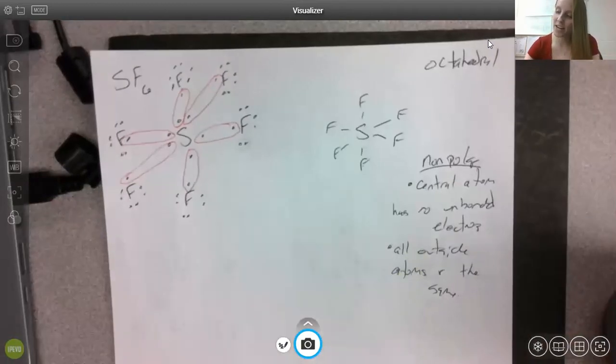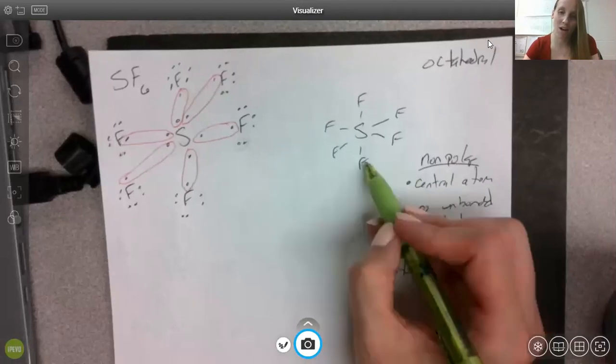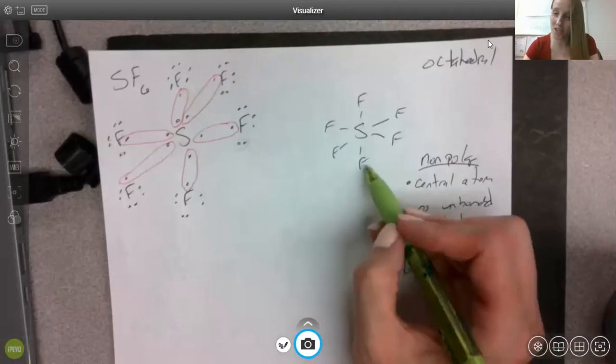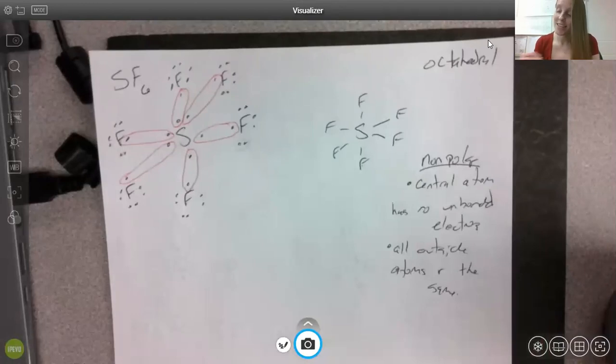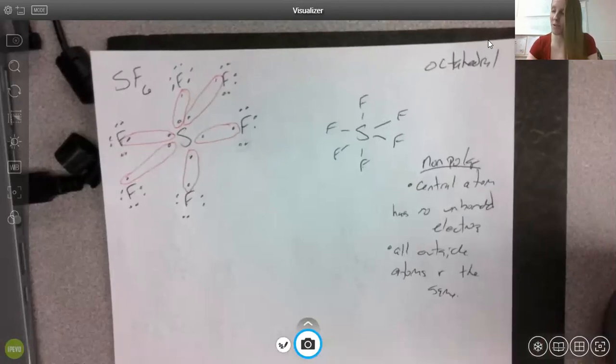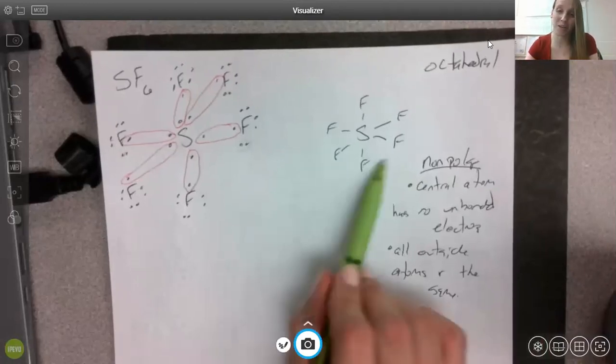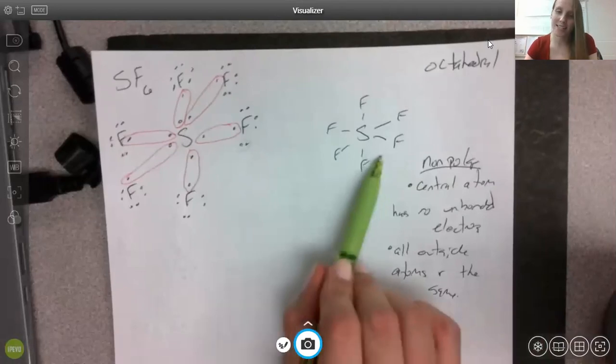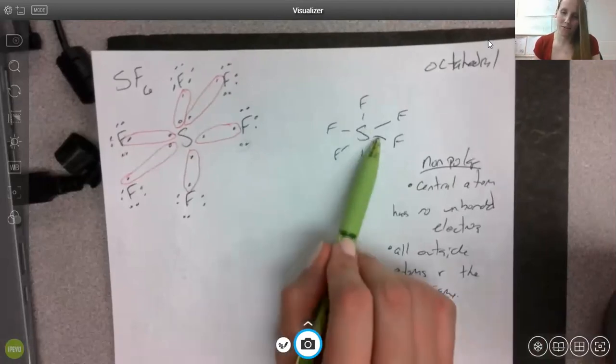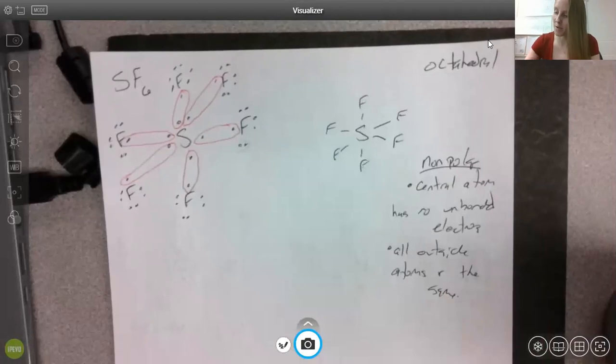If I were to change one of these from an F to an H or anything else, this would be polar. Okay, so all of these things around the outside need to be the same, and I can't have any unbonded electrons around that central atom in order for it to be nonpolar.